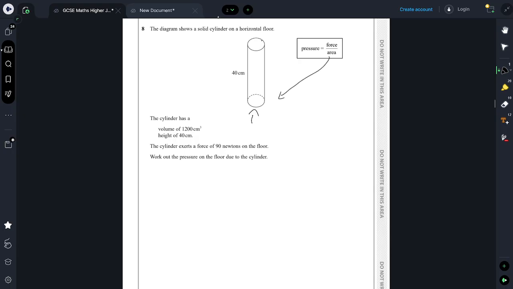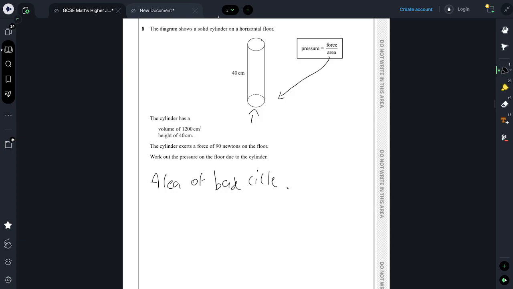It is the area of the base circle. That is the area we're interested in, and that's what the force and the pressure is acting on, not the whole shape, just this base circle here. So our job is to find the area of the base circle, because once we find that and we're given the force, we can find the pressure.